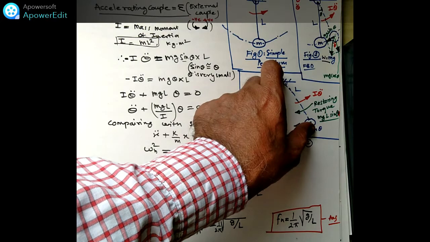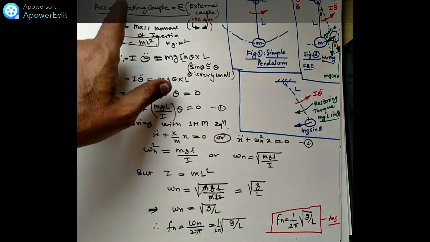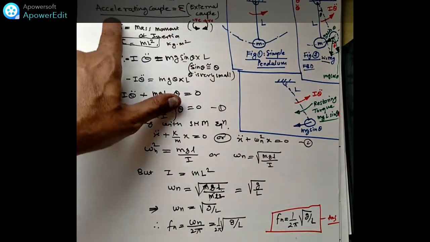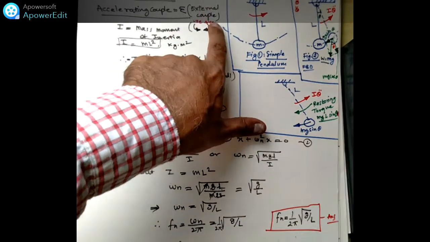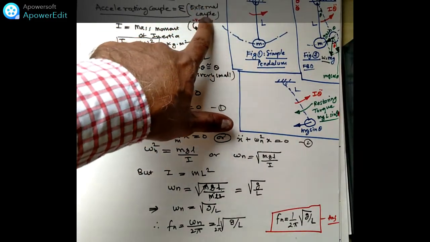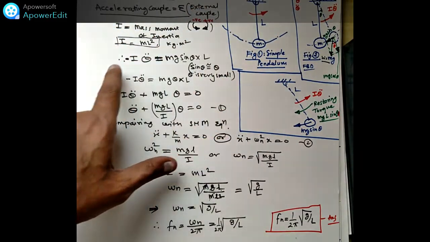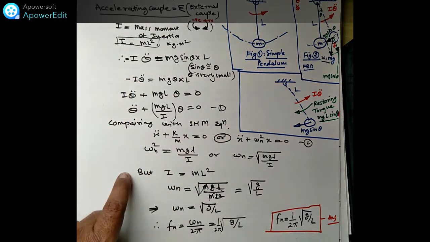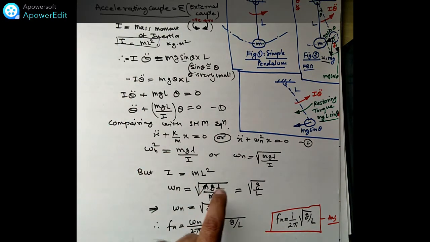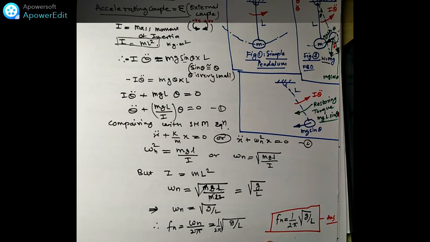It will generate a couple, but according to Newton's second law of motion, the accelerating couple is equal to the summation of all the external couples. After this equation, solving it, you get this omega n, and putting this omega n in the formula, you get the final natural frequency. So like this you have to solve all the numericals.